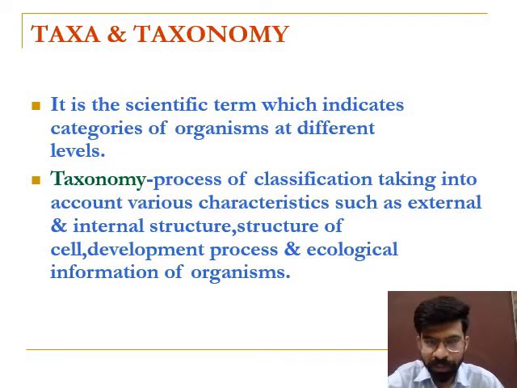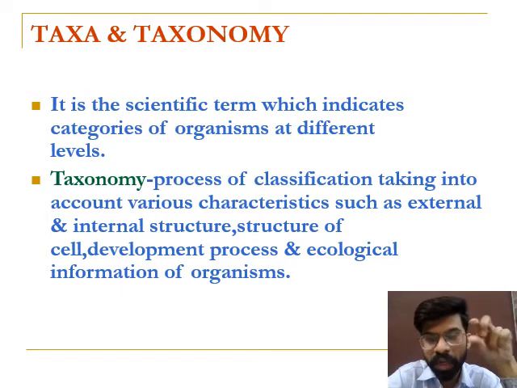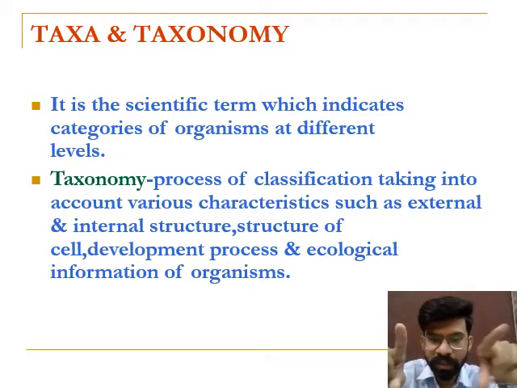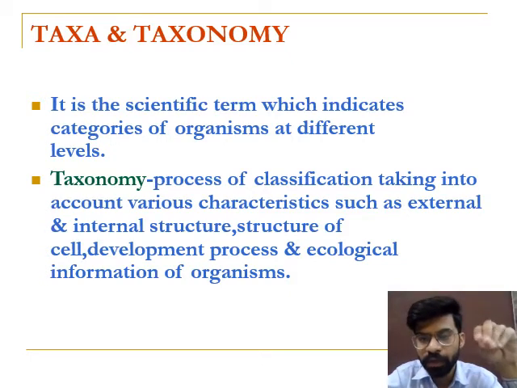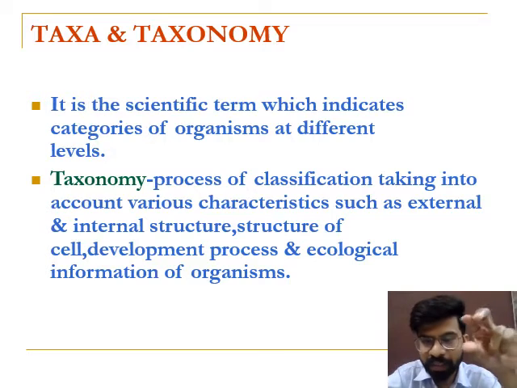Next, taxa and taxonomy. During the scientific classification system, the particular level by which an organism can be recognized is known as taxa. Taxa means a particular rank. For example, you are students of plus one class, so plus one class is your taxa. Lower than the plus one class are the 10th class, then ninth, and your seniors are of plus two class.